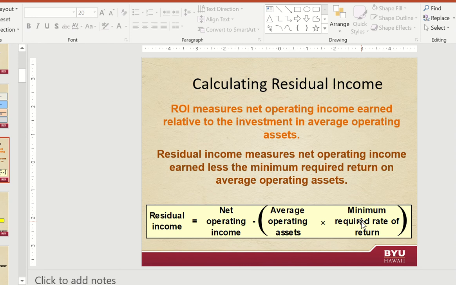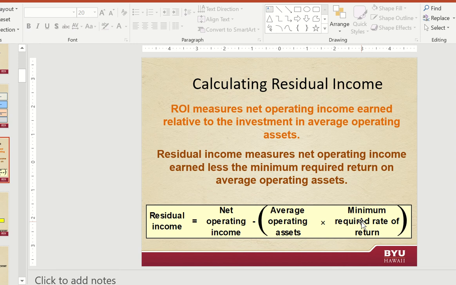So for example, if you are borrowing money from the bank at a 6% rate, you probably don't want to make an investment that gives you a 5% return, because it doesn't make sense to lend money and put it in an investment that is not going to give you that same amount of return.